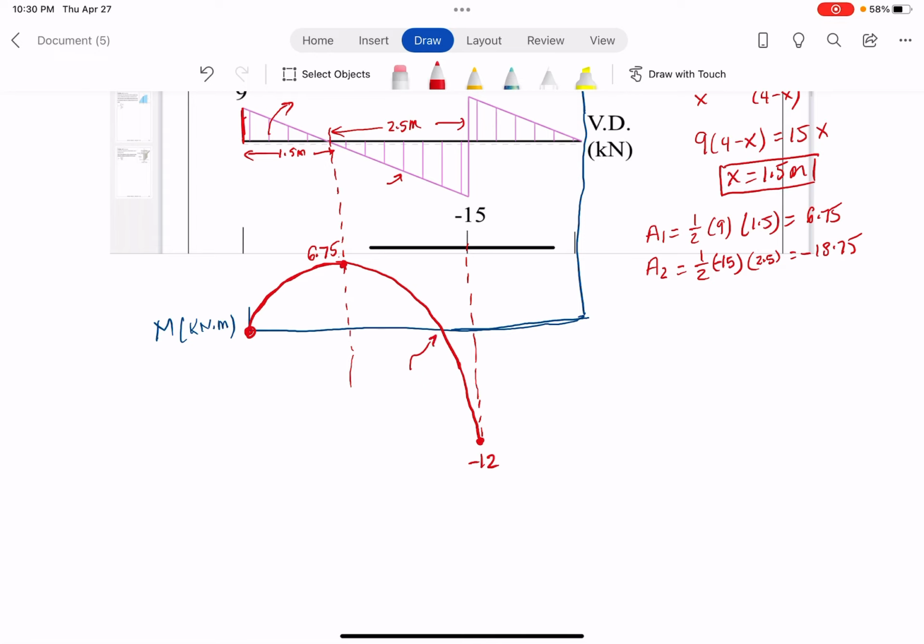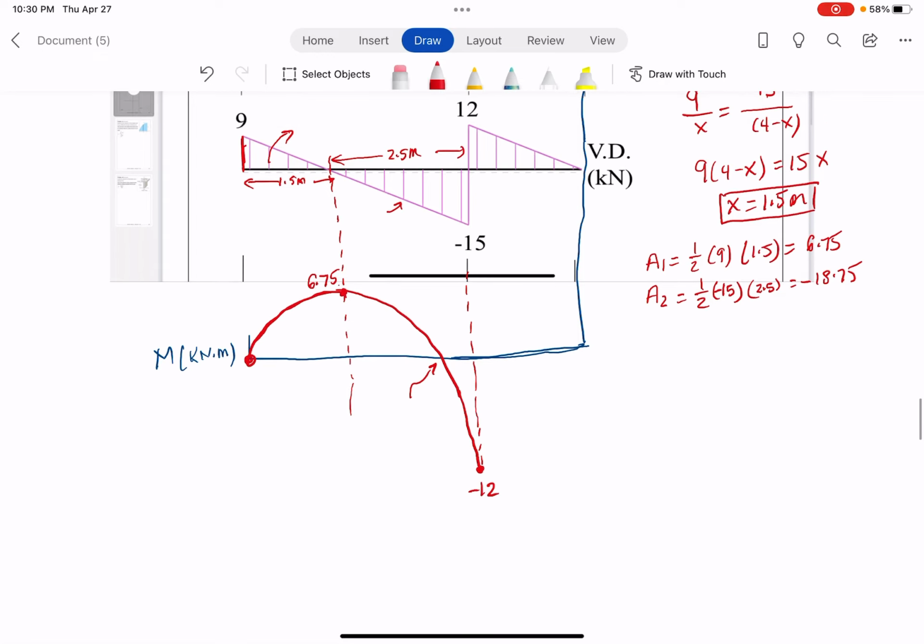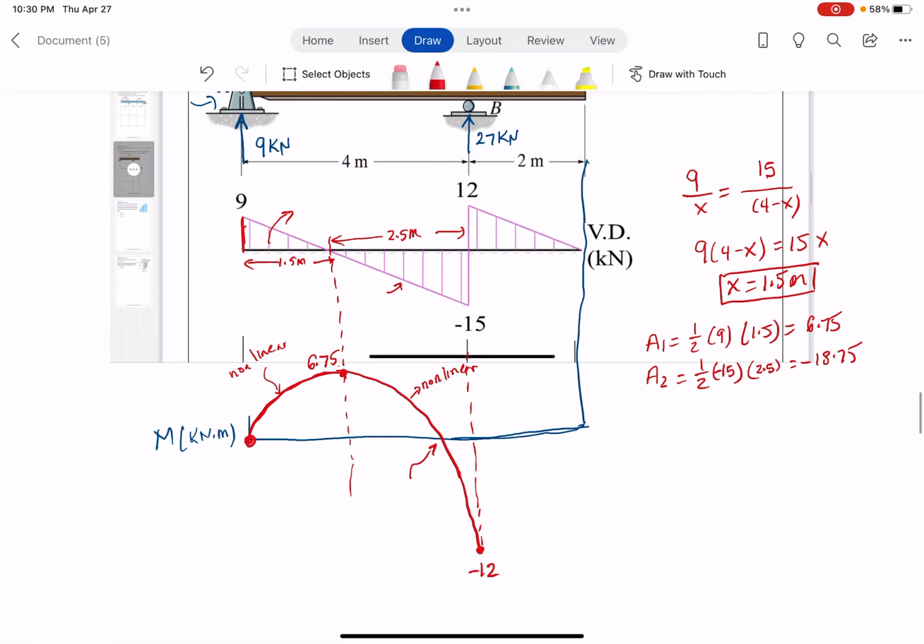Remember here there is a zero moment. This is very dangerous. We have to find this. Moment is 0 at this point. Okay, so minus 12. Again, this is non-linear. And then we'll find the last area here.